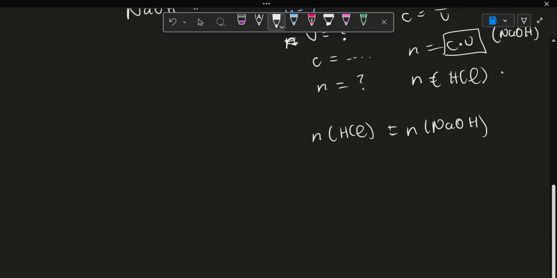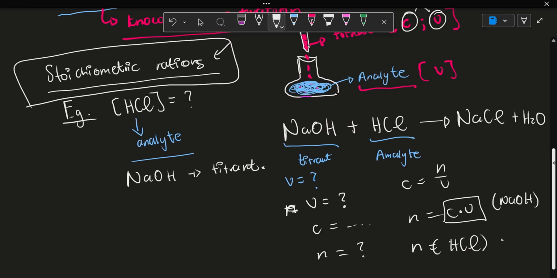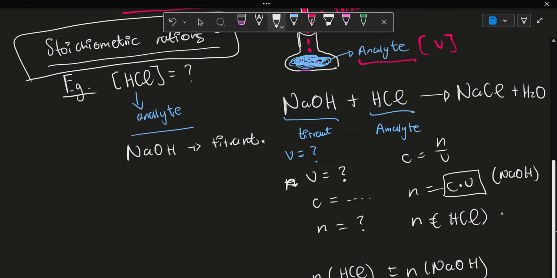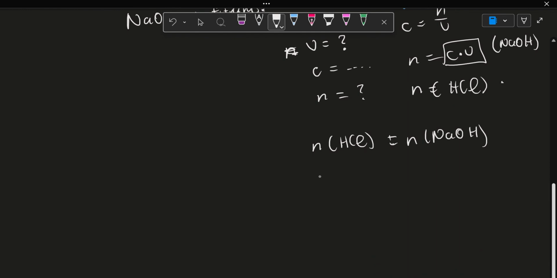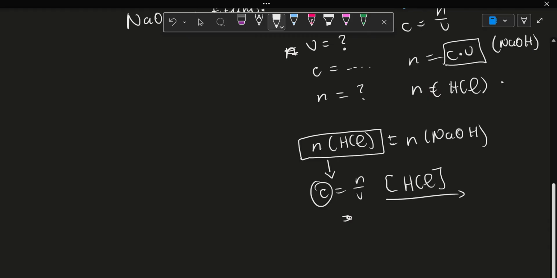Because they have a ratio of 1:1, and a 1:1 ratio tells me that the number of moles are equal. Once I have the number of moles of HCl, I can then use the equation C equals N over V and get the concentration. Notice, I would then at the end determine the concentration of HCl.